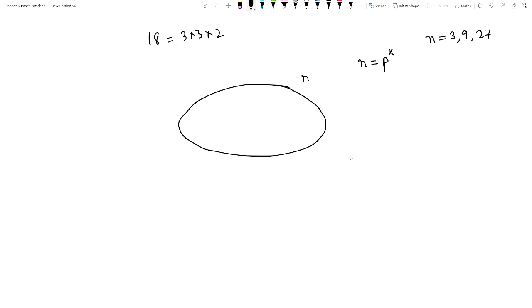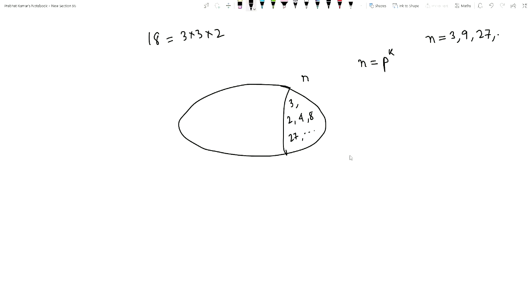All these types of numbers come in this form. So this is a part of the whole natural number system: the numbers of the form p to the power k, like 3, 2, 4, 8, 27. These contain all the numbers which are some prime raised to the power k, where k is another natural number.